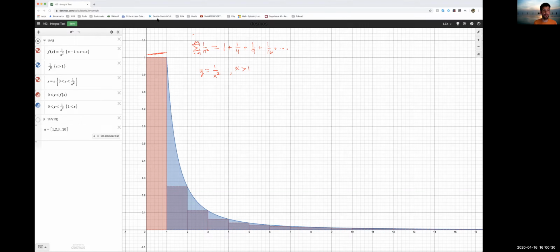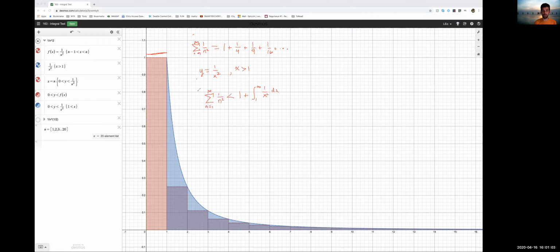So in other words, I claim that my series from n equals 1 to infinity of 1 over n squared is less than 1 plus the integral from 1 to infinity of 1 over x squared dx.